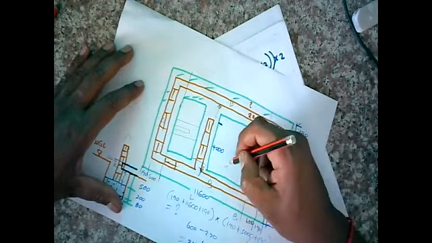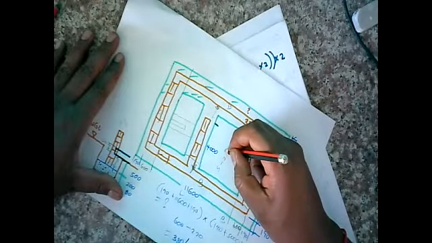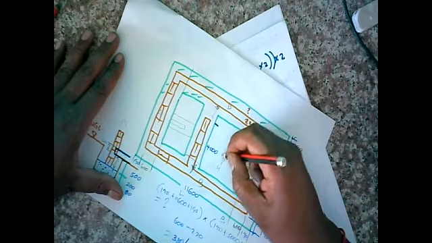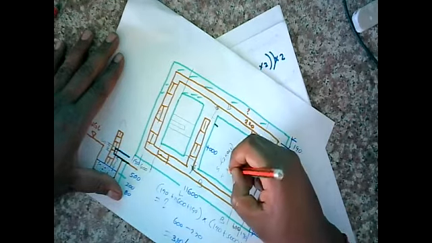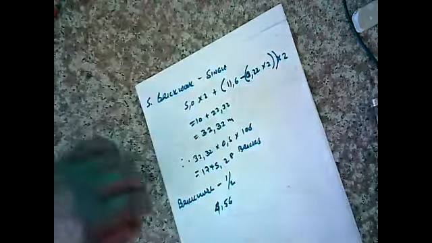So it'll be 5 minus 2 times 0.22, and you're getting 4.56. All right, so that's where I got 4.56.